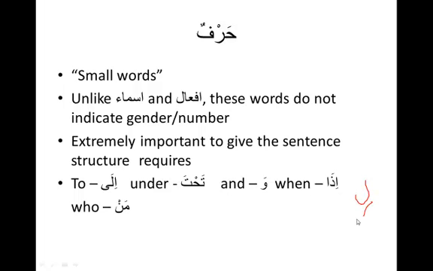Li, for, bi, with, and I heard fi also. What is the in? Ala, okay. Min. There was ma also. Don't forget ma. Mimma. What? Very good. Okay. So those things.